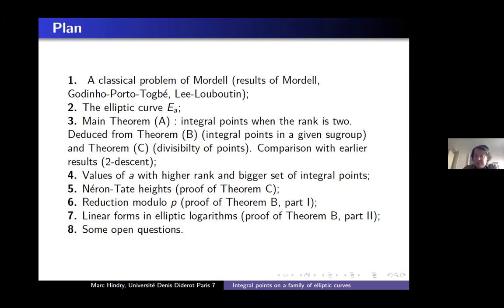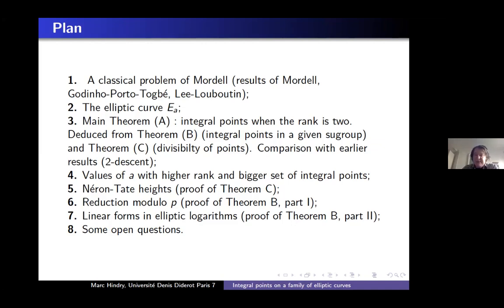So we'll propose a different approach to the same problem via the theory of elliptic curves. Then we'll get a nice theorem on the family of curves we're going to look at. I will discuss then exceptions to the theorems. And then the last parts are a very brief sketch of proof of the results.